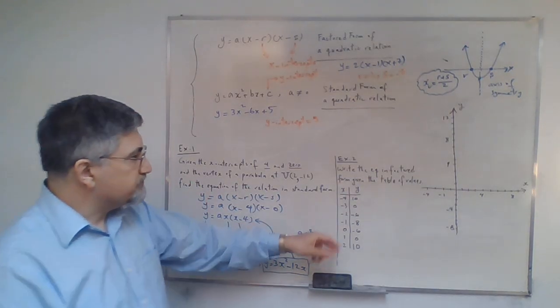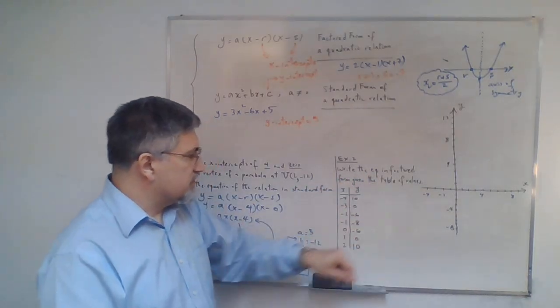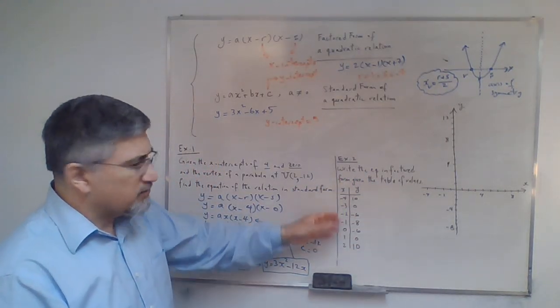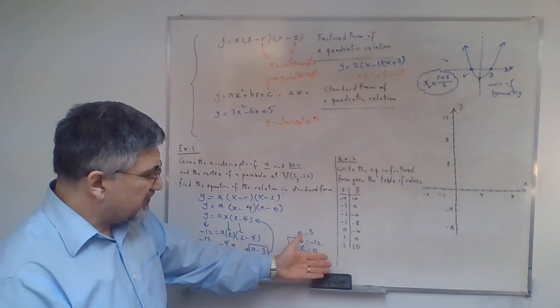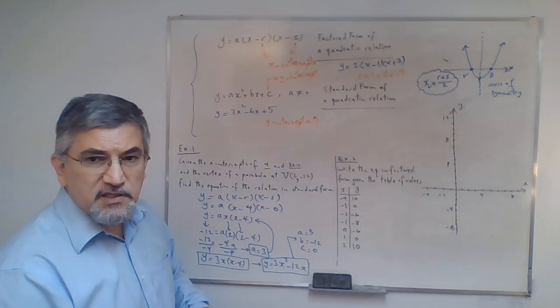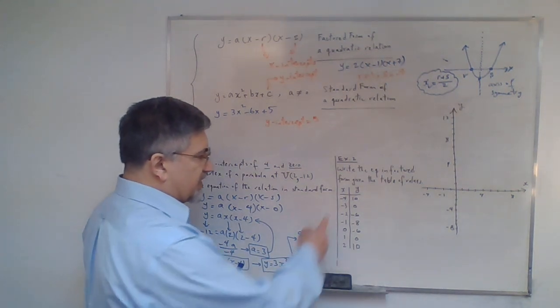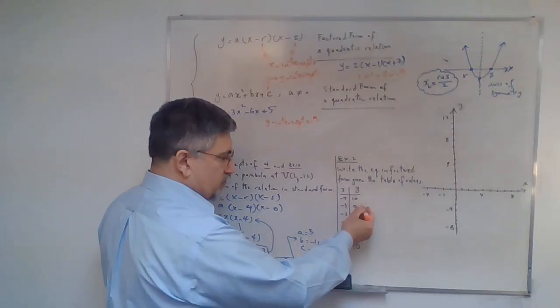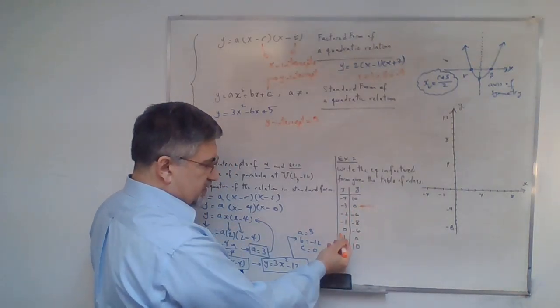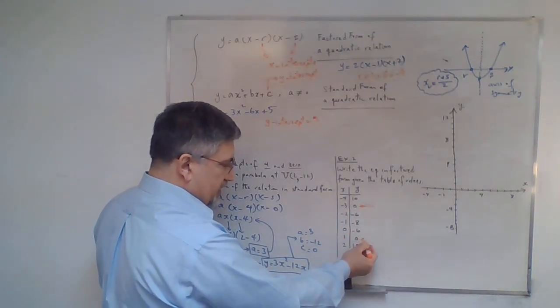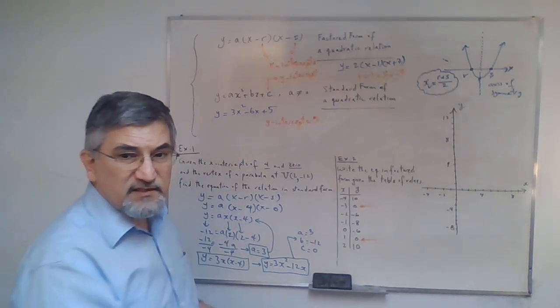In the next example, it says write the equation in factored form given the table of values. When you look at the table of values, you may immediately notice that when x is -3, y is 0, and when x is 1, again, y is 0. What does that tell you?